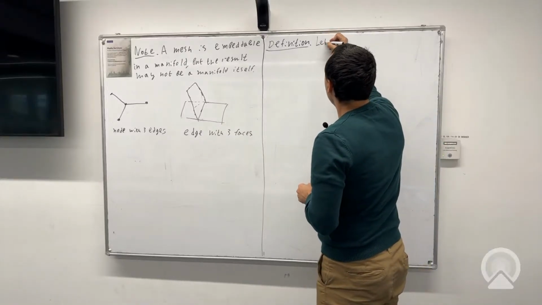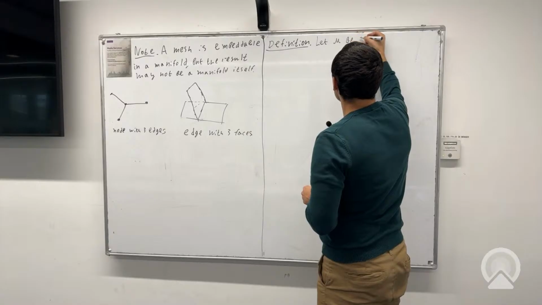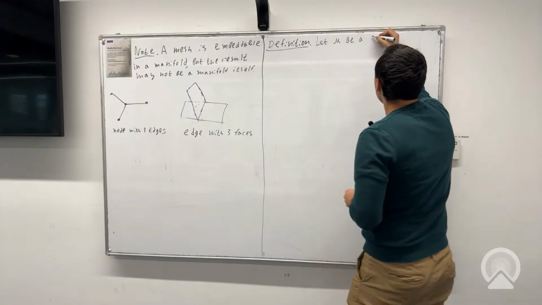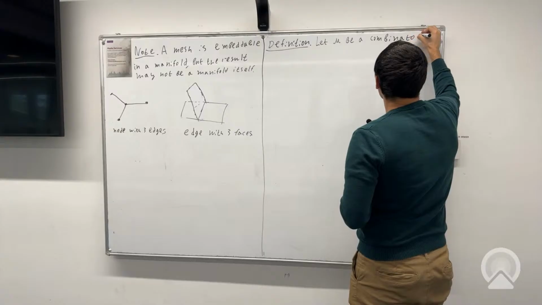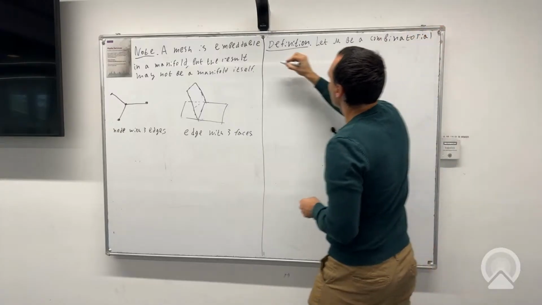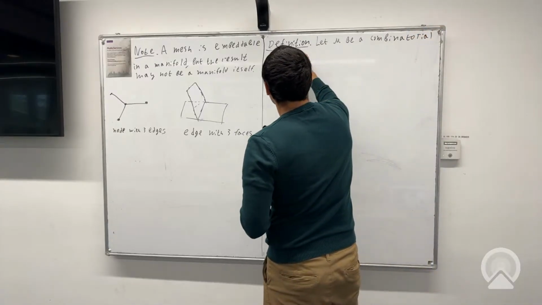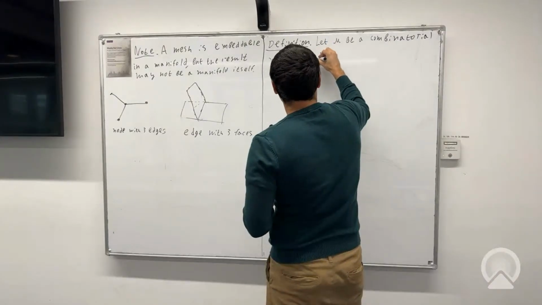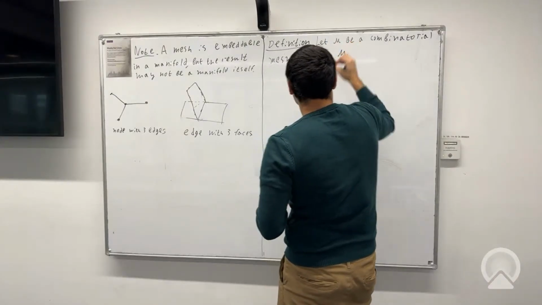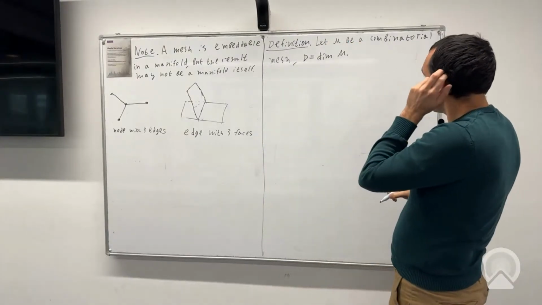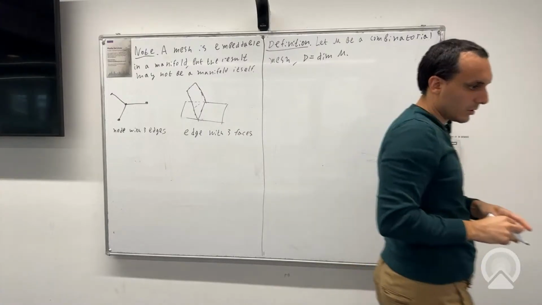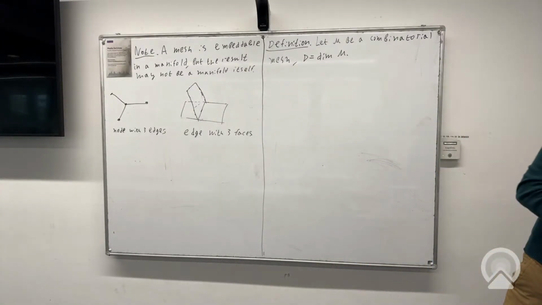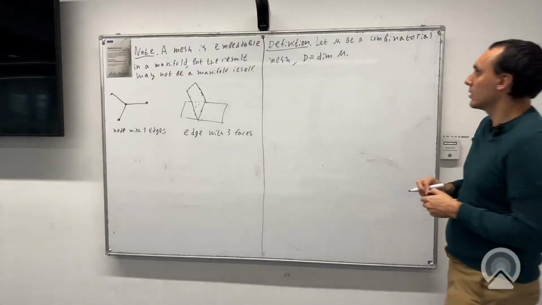So let M be a combinatorial mesh, and this is the dimension of M, d.